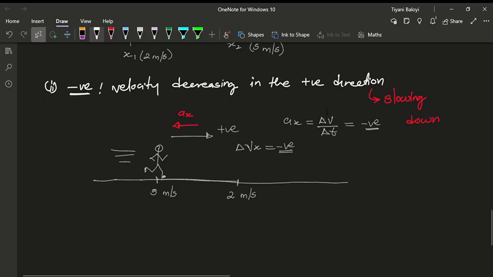This is what happens when you apply your brakes, or when you're on a bicycle and you press the handles to slow down. You are reducing the velocity. This is what friction does: it opposes your motion. It pulls you back, slowing you down.